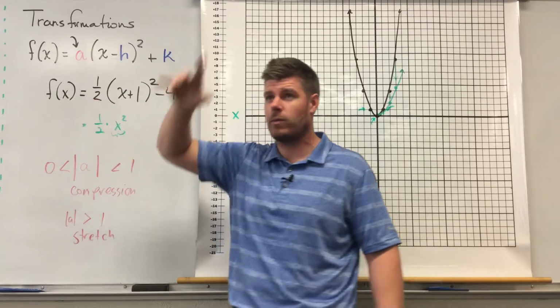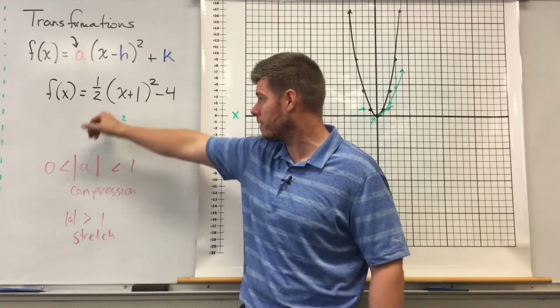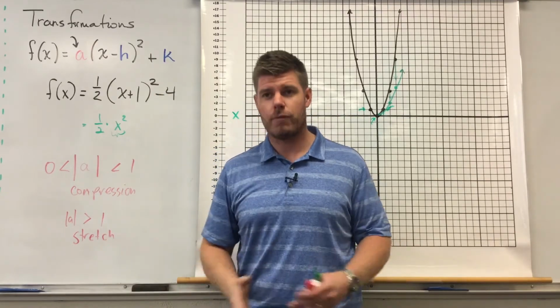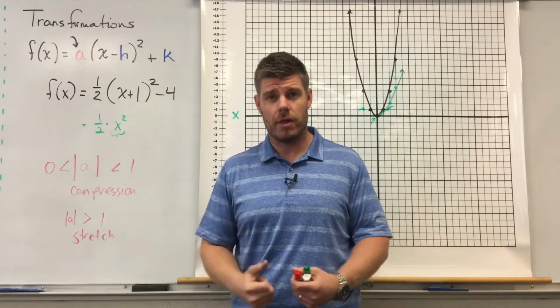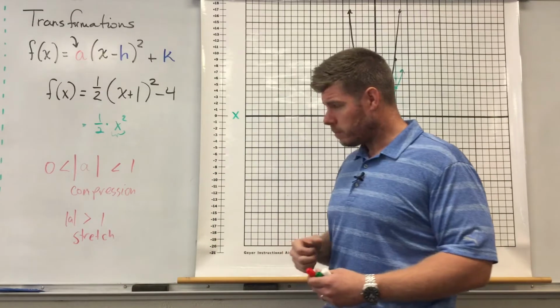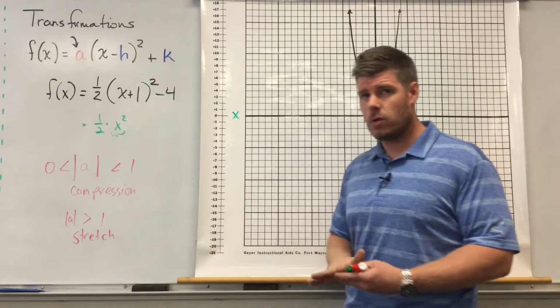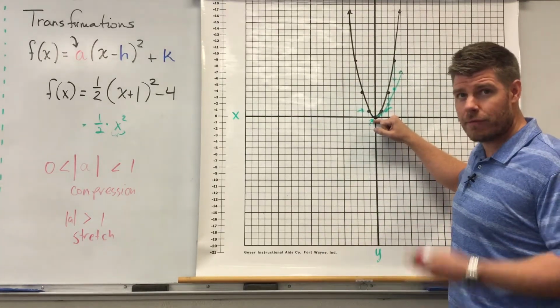This number affects whether it goes up and down. It doesn't affect left to right. It affects whether that point goes up or goes down. The graph will look compressed towards or stretched away from the line of symmetry based on the movement of that point. So we're literally talking about what the points are doing in relation to the minimum or maximum value.